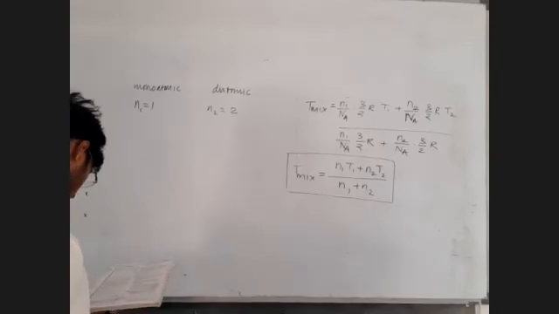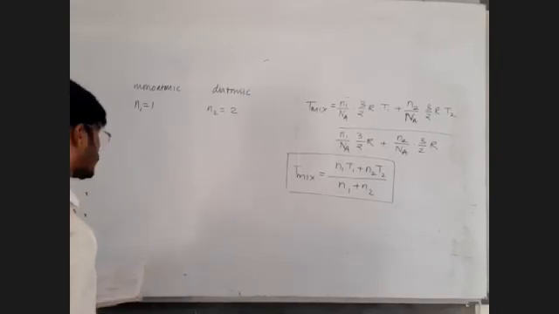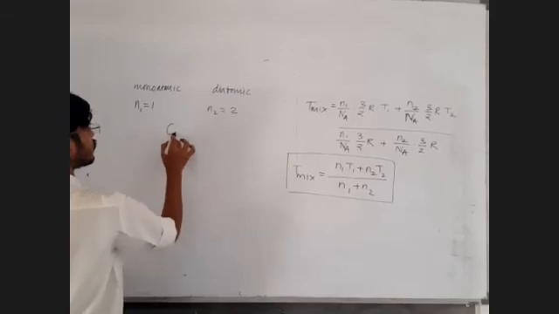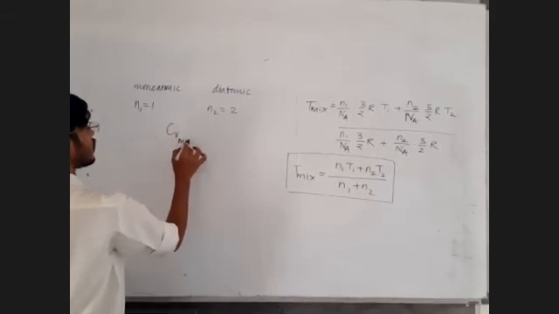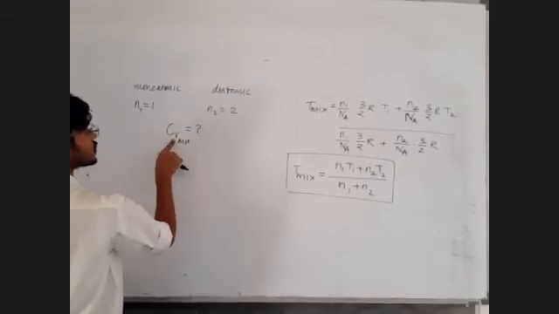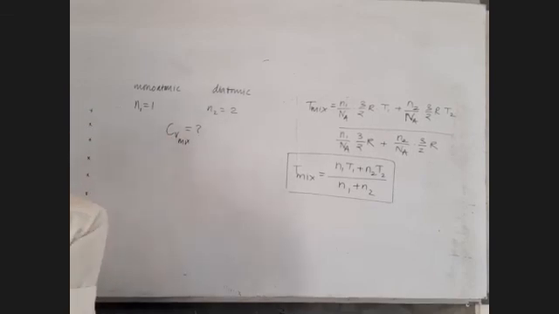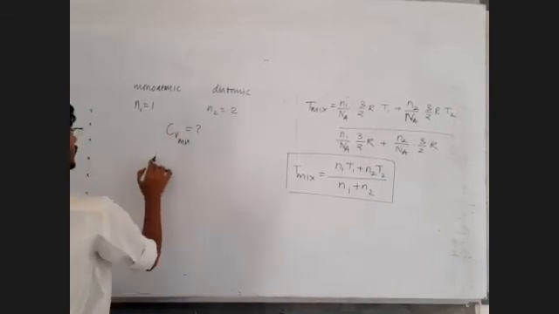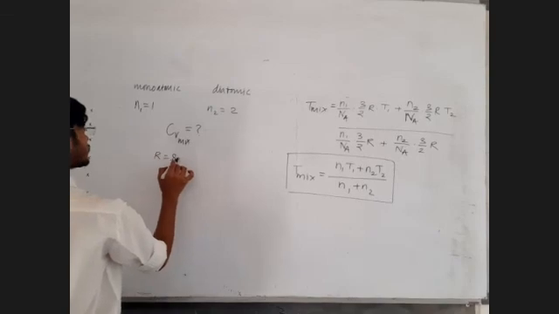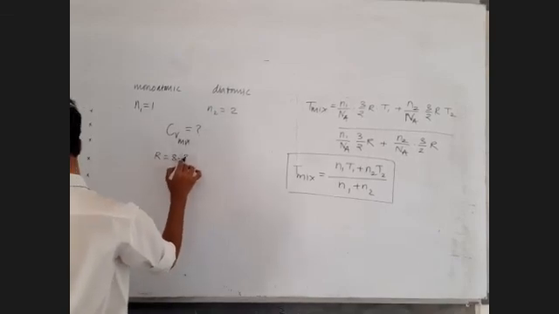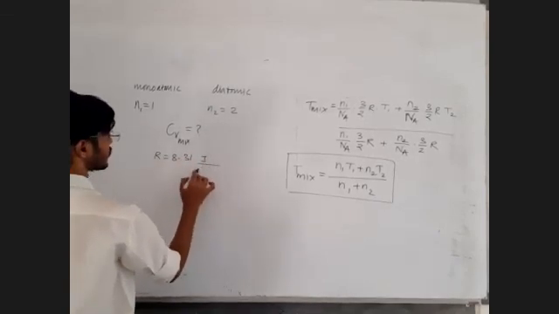What is the molar specific heat of the mixture at constant volume? That is, CV of mixture is equal to question mark. Take R is equal to 8.31 joule per Kelvin per mole.